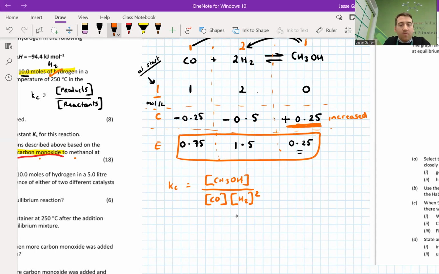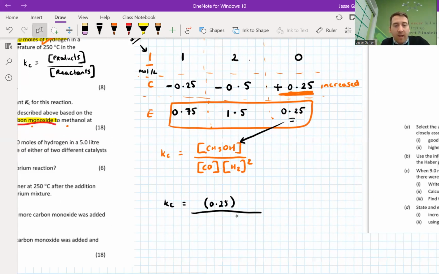So Kc equals, I'm going to substitute in on the top line 0.25, because that's our equilibrium concentration of CH3OH, over our equilibrium concentration of CO, which is 0.75, times our equilibrium concentration of H2, which is 1.5, and don't forget, that has to be squared.